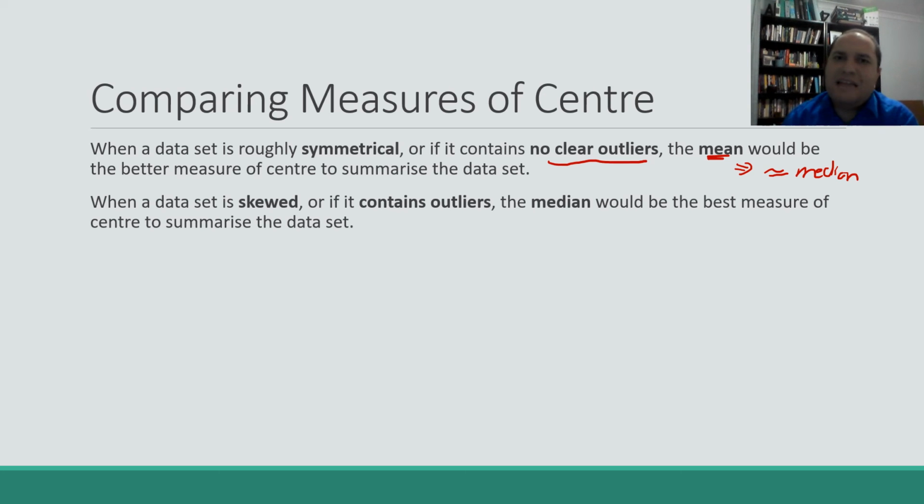And if that's the case, our data is probably symmetrical and it's worth using the mean to summarize the data. When the data is skewed, however, or if it contains outliers like we had in our example, then the mean and median will be very, very different. And if they are very different, the median is the best measure of center to use to summarize the data set.